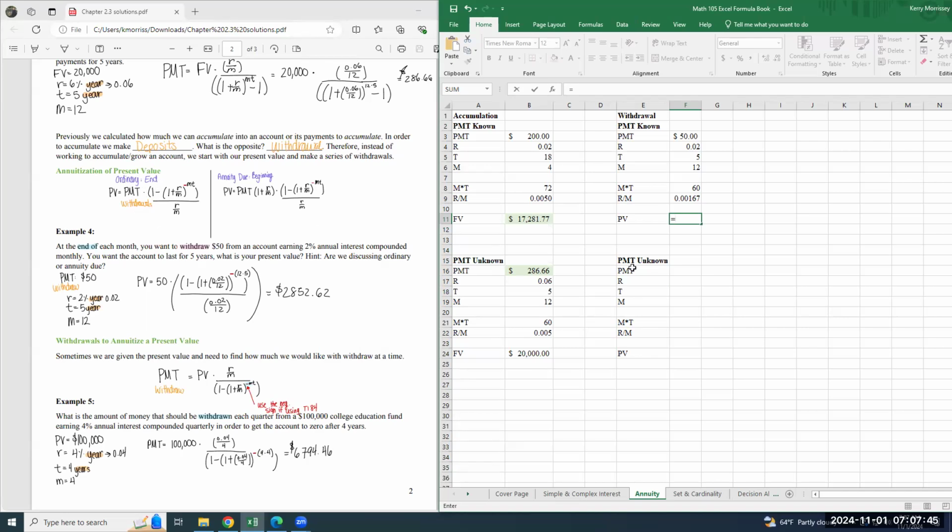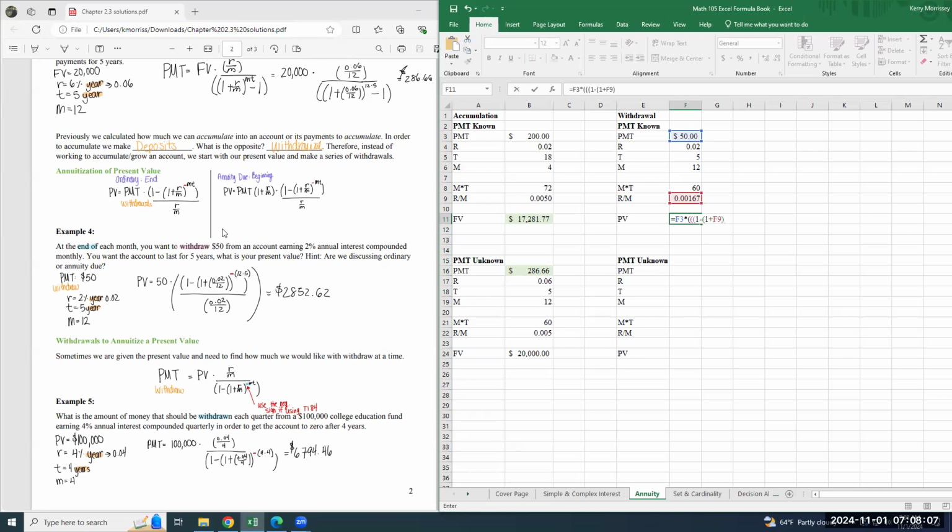annuity. So we have equals your payment times, and I'm going to open up 3 parentheses. So we have 1 minus parentheses, 1 plus R over M. I'm just right here or right here. Close parentheses.